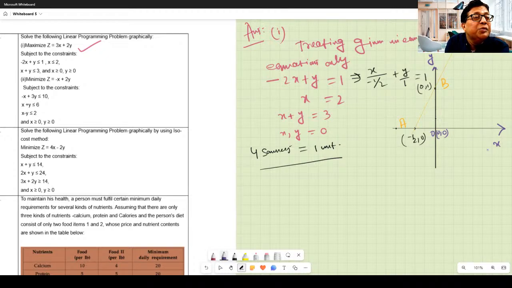So if you put x0, y0, the region will be directed that manner. So this is the region for the first one. It's better if you take this line also the same manner. For one line, one region.